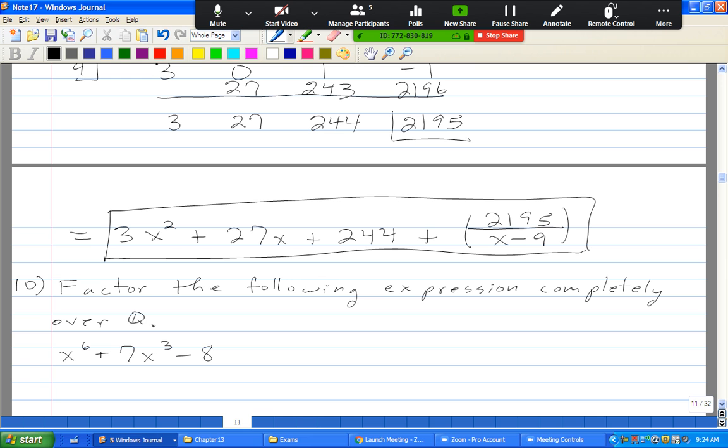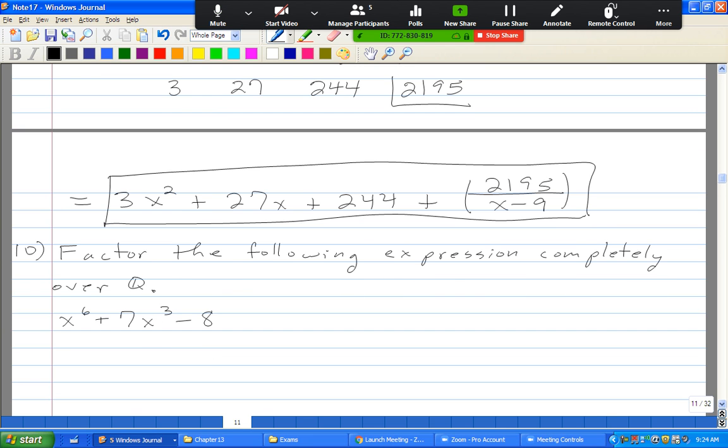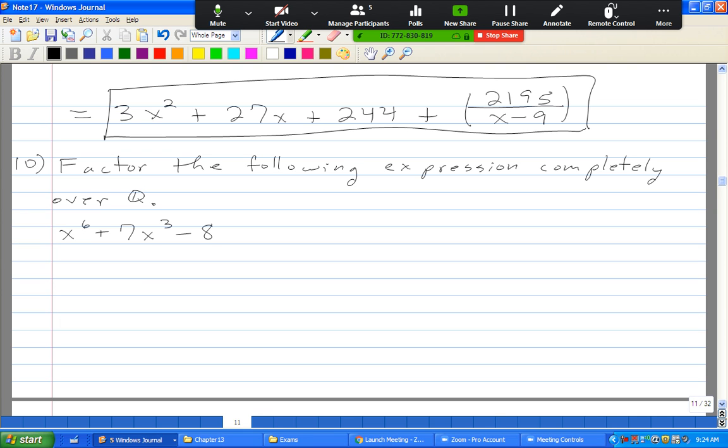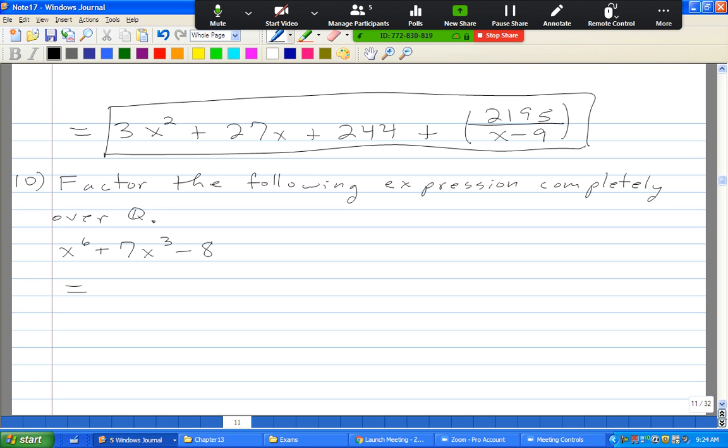Okay, let me do problem number 10. Factor the following expression completely over the rationals. So I just want to factor this with rational expressions. This is a monic quadratic trinomial in x cubed.